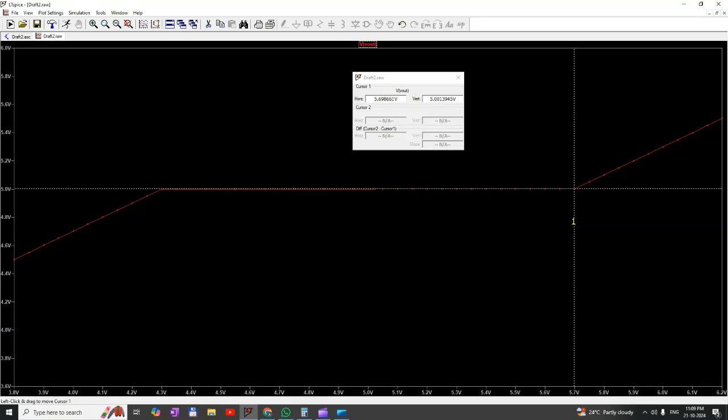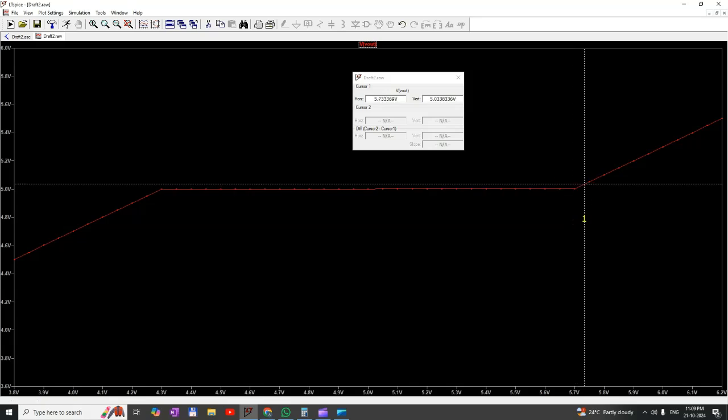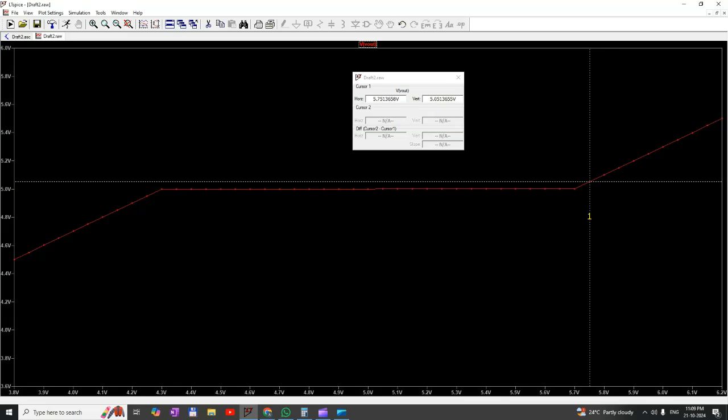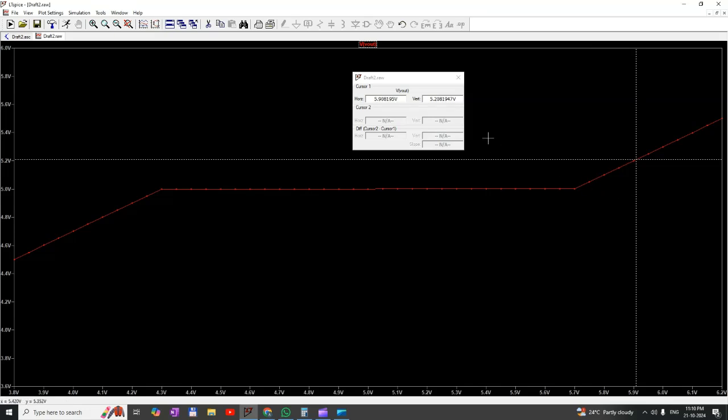When the input voltage is more than 5.7 volt, the diode starts conducting.